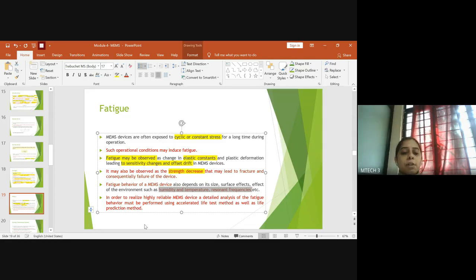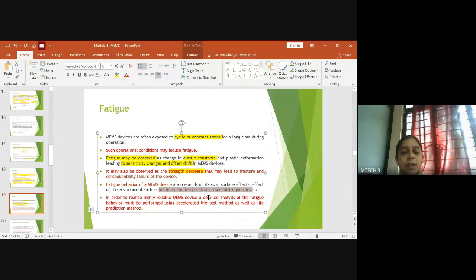And lastly, I want to tell you, if you want to make the devices highly reliable for a longer period of time, you should see that the device is free from fatigue behavior. You should never make a device go towards fatigue. Bringing a device towards fatigue is nothing but bringing it towards the end of its life.